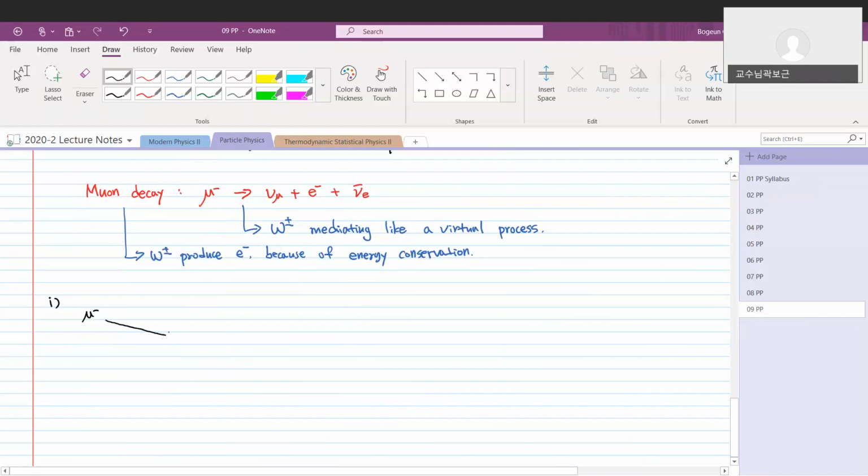The muon neutrino is produced and the electron is produced.